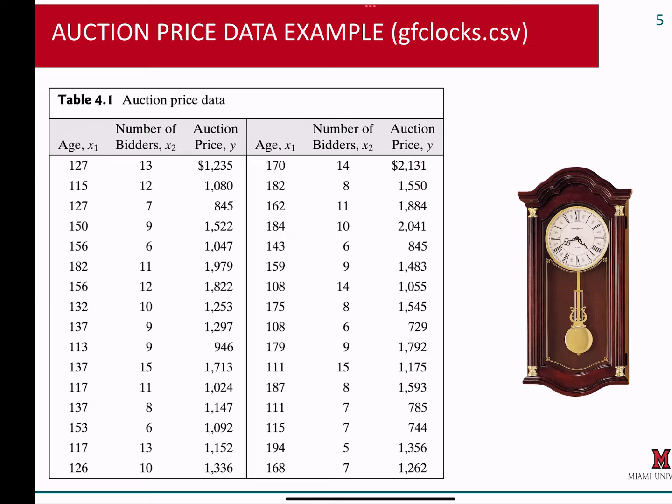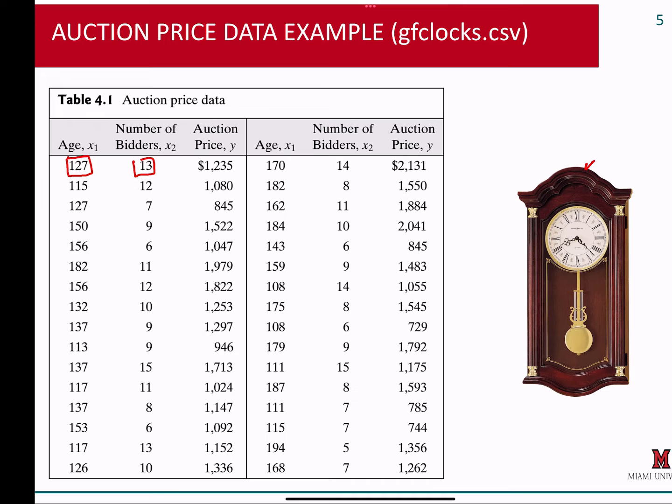Let me give you an example. Suppose you're trying to predict the price of grandfather clocks in an auction. You have age as a predictor and number of bidders as a predictor as well. So for example, this clock is 127 years of age, has 13 bidders, and the price of that clock was sold for $1,235.